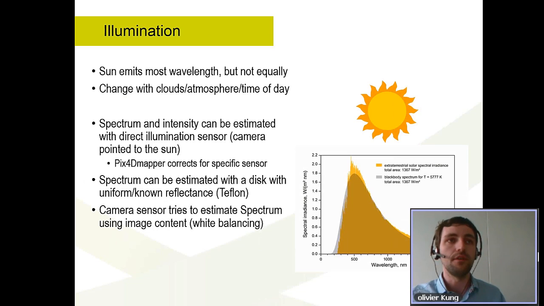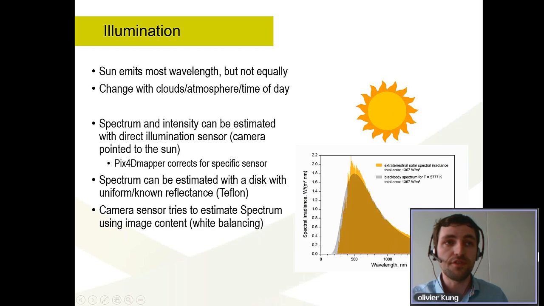Let's start with the illumination, which is, in most cases, the sun. The first thing to know about the sun is that it emits at many different wavelengths, but not with equal power for each of them. As you can see in the graph there, short wavelengths are actually emitting more power than long wavelengths.